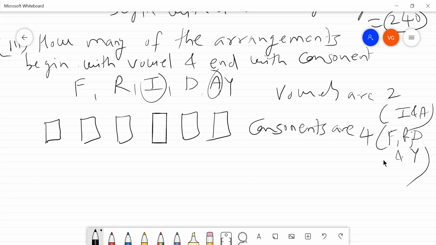Means on the first place, what should it be? Either I or A. And the last place, that means the sixth place, should be filled by any one of the consonants, that means F, R, D or Y. So to fill the first place, how many choices do I have? 2 choices, either I or A. So the first place can be filled out of these 2 vowels in 2P1 different ways. There are 2 vowels and I have to fill the first place, 1. So that can be done in 2P1 different ways.